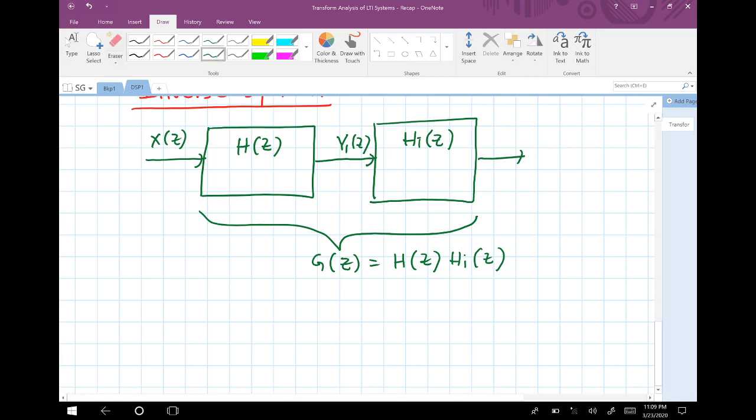Let's call that output Y of Z. When this is equal to X of Z, then you call it an inverse system.